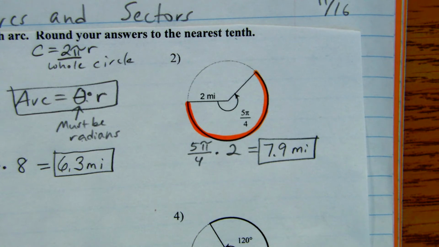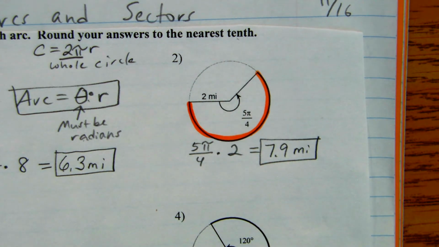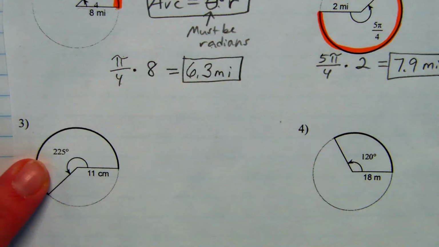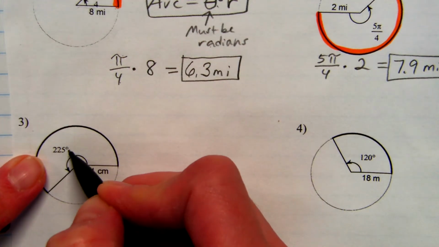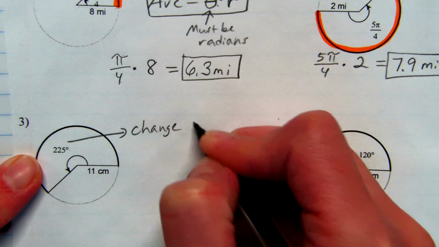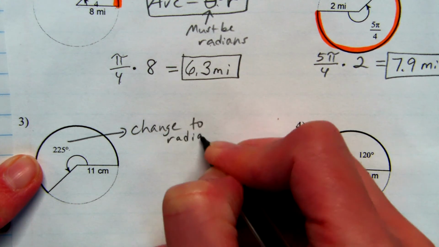Okay, so we made a table a little bit ago today that has some conversions between degrees and radians. So on this next one where it has 225 degrees, I need to have that in radians. You have to change it to radians first.